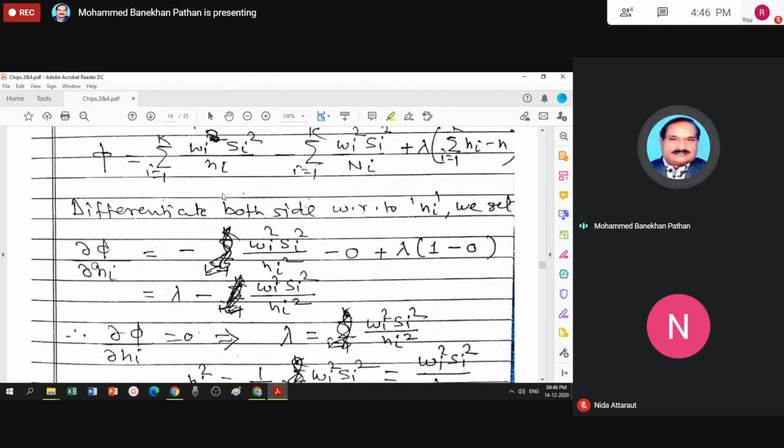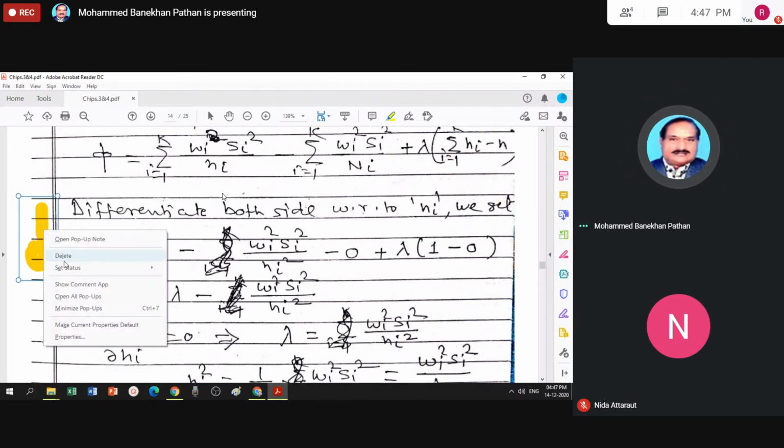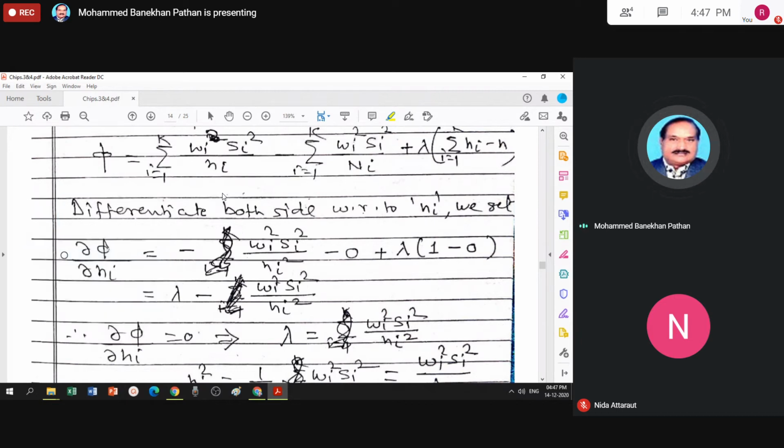That means only ni is a variable. The remaining things are constant. If I write capital D, then it will be total differentiation where everything is variable. So here we will not take total differentiation, we take partial.